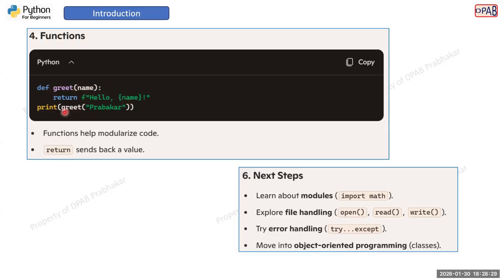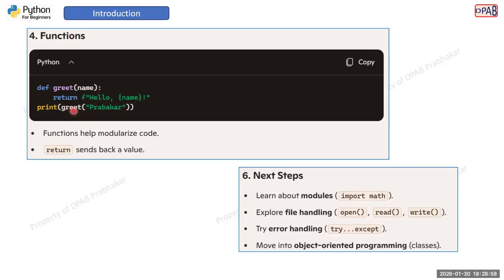So after this, the function definition is done here. Greet name is a function. When the function is called, it will return hello and then the name. So if somebody gives Prabhakar instead of name, it is going to print it with the greet function, and for the name variable we have given the actual value Prabhakar.